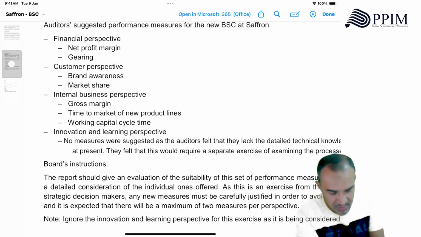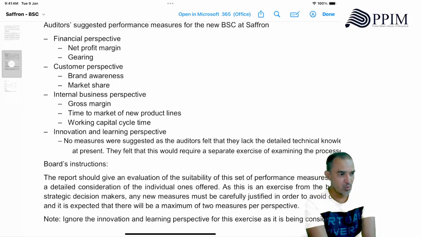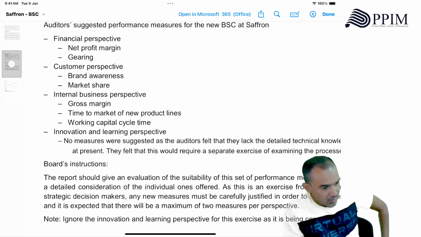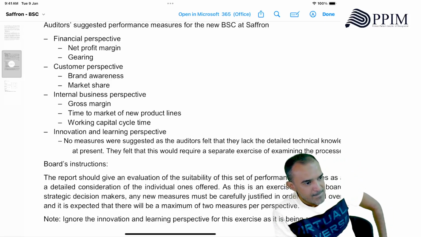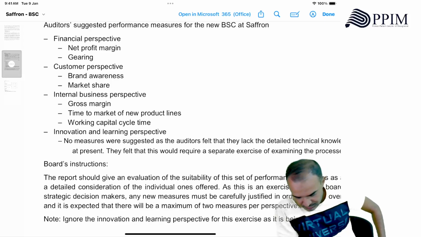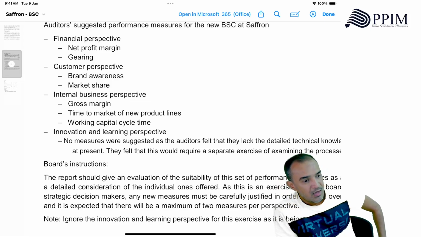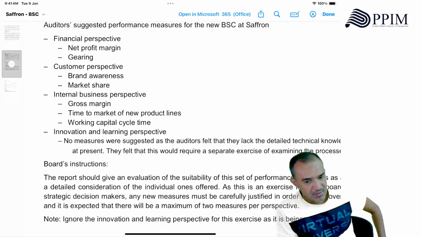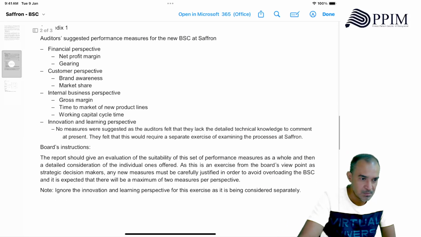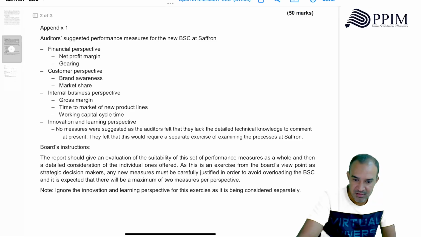Gross margin and working capital cycle do provide an overview of the efficiency of the production process, and the effectiveness of management of the capital in day-to-day operations.